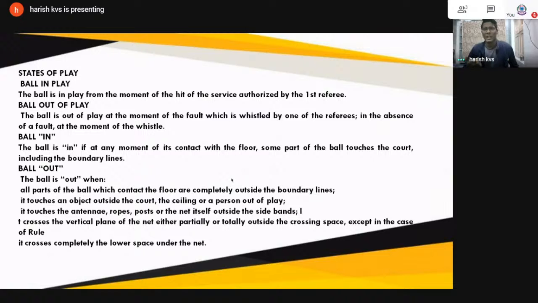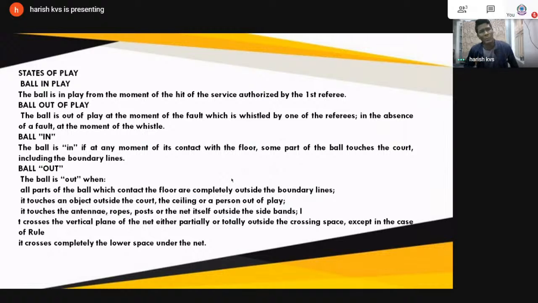Or, if a team is trying to score a point and hits the ball over the net towards the opponent's court, and the ball lands outside of the court, then the point shall be awarded to the opponent. Then the ball is called out of play. So it is simple. If the ball remains in a rally, then it is called in play. If it stays outside of the rally and the point is dead and the point is awarded to one of the teams, then it is called out of play.